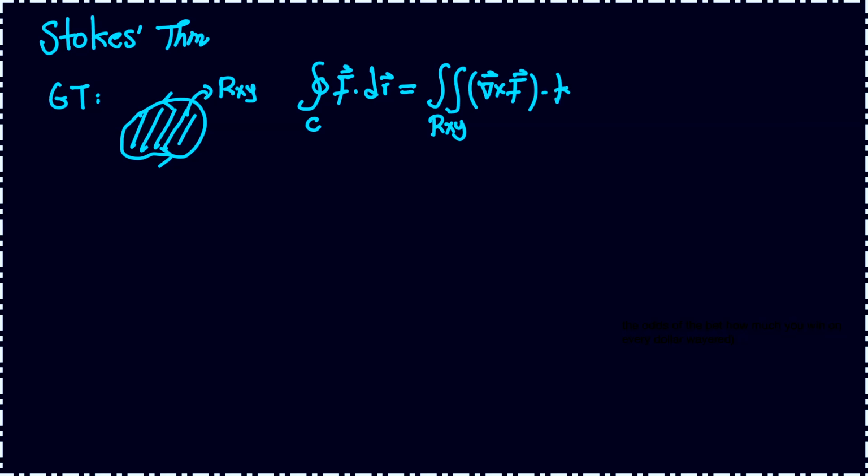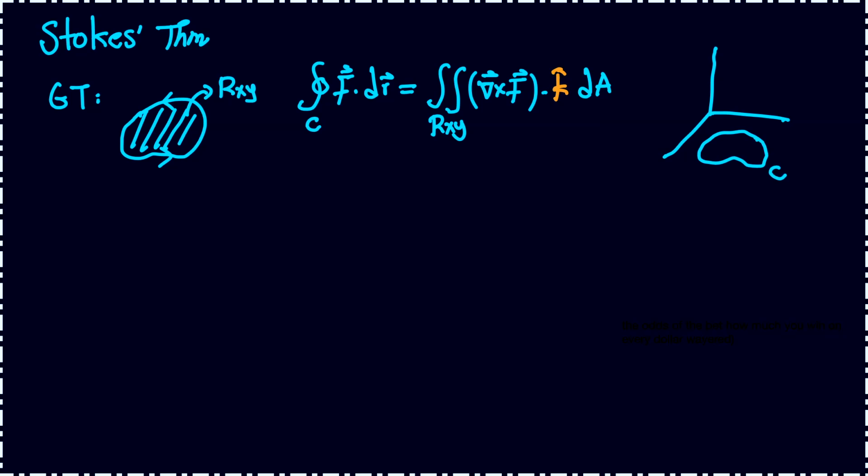dotted with k hat, and the integral is with respect to area. I want you to again look at the relation between k hat and the region. So looking at the region in 3D, the region is in the xy plane.